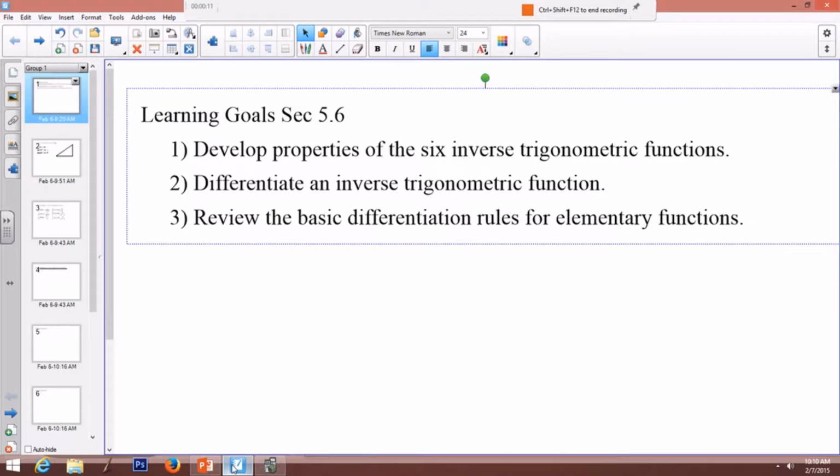Today we are going to be talking about the 6 inverse trigonometric functions, and we're going to differentiate them, and then we're going to apply that, at least in the example that I have, to a related rate problem. And so we're reviewing related rates, and then finally we're going to talk about the basic differentiation rules for elementary functions.